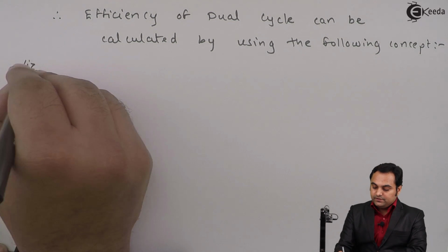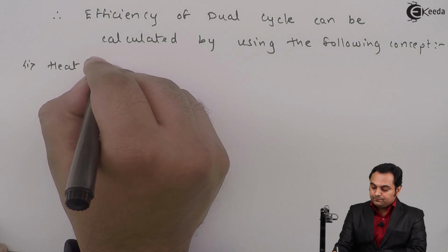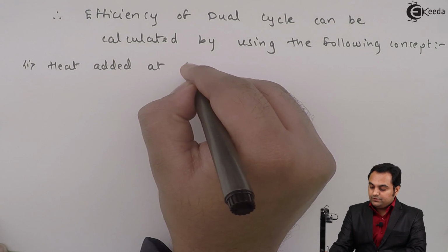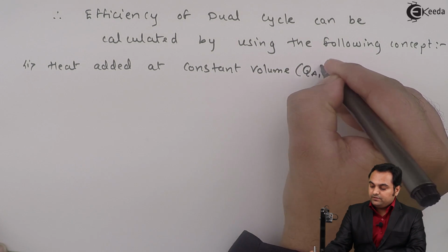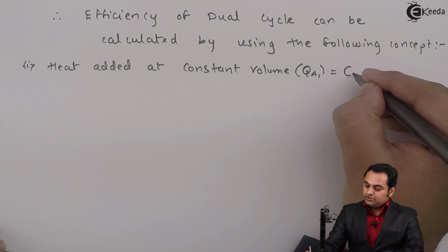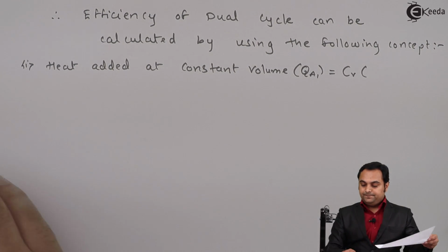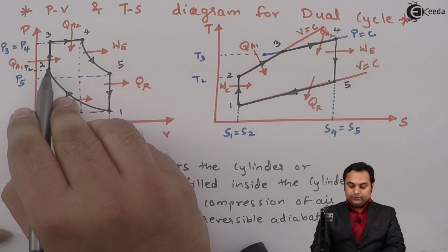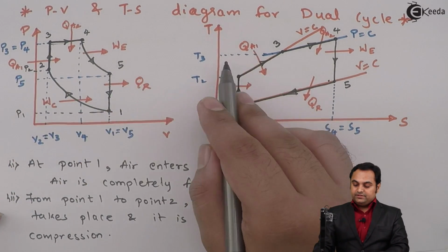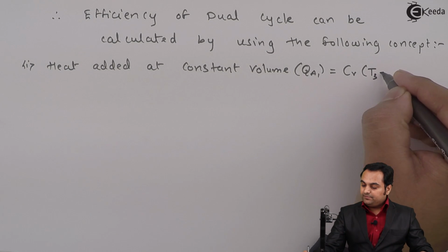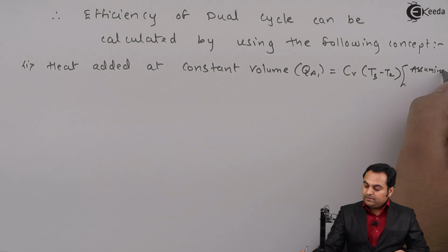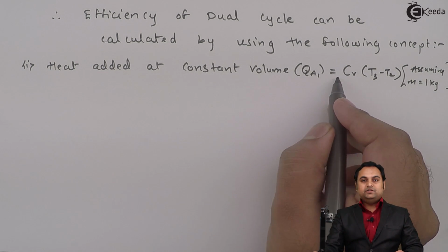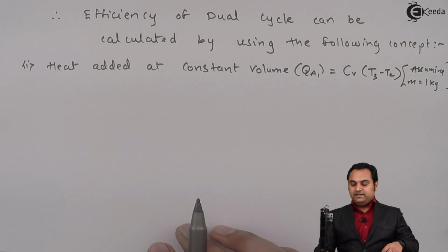The first thing is heat added at constant volume, that is QA1 is equal to, it is constant volume, so CV, and the heat is added from point 2 to 3 at constant volume, so it is T3 minus T2, so CV (T3 minus T2), and here we are assuming the mass as 1 kg. So we are writing only CV because mass is 1, so the coefficient is 1 here, no need to write that.